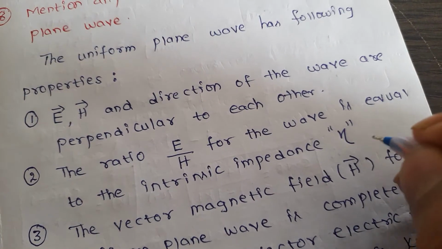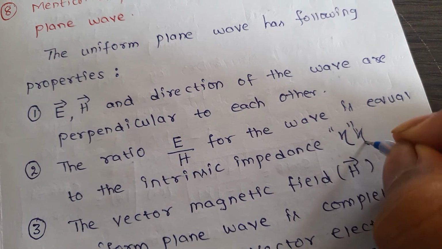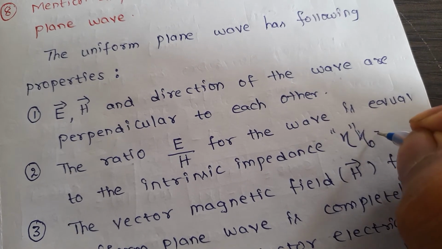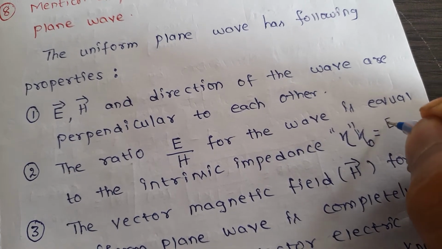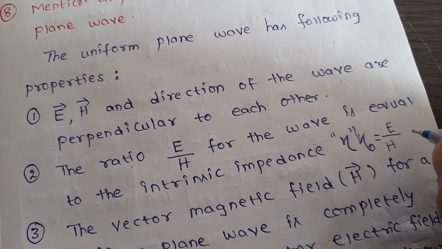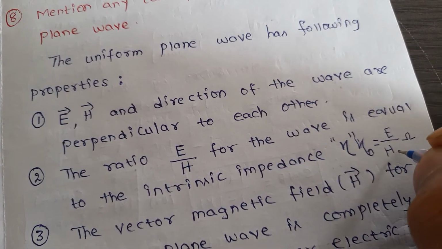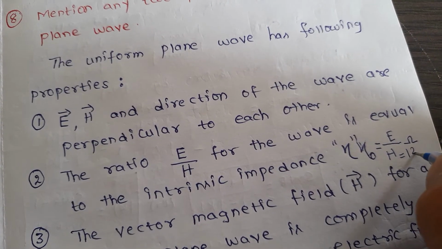We know this relationship in free space. The units of this are ohms, which is equal to 120 pi.